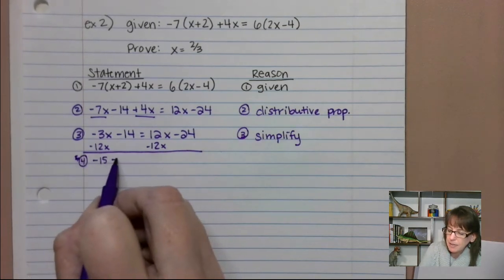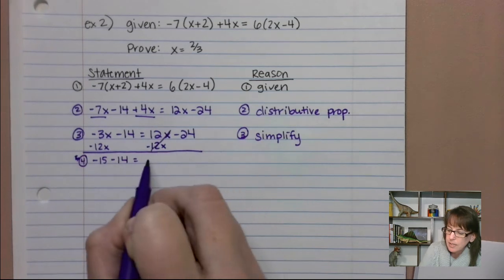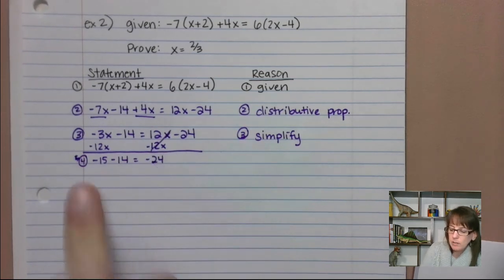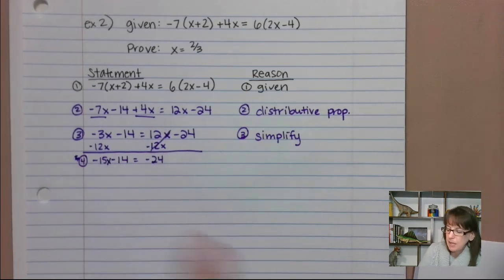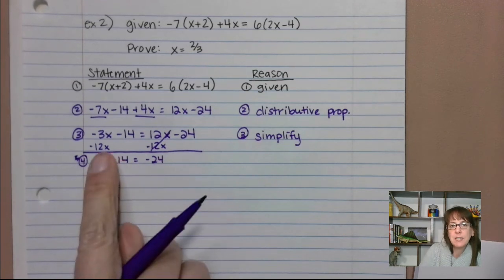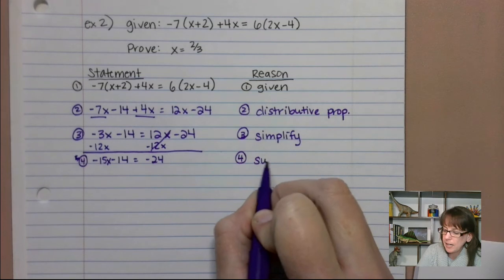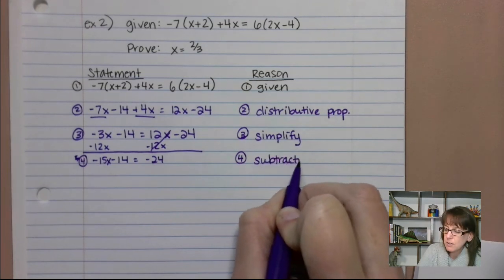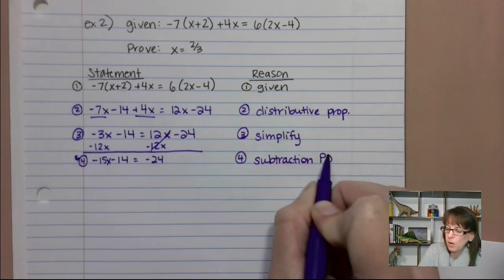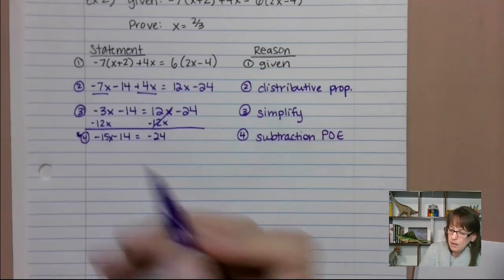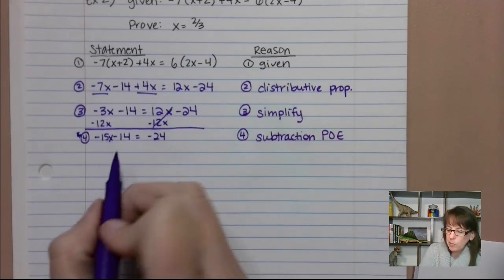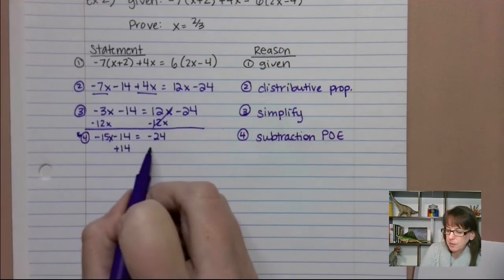Negative 15x minus 14 equals negative 24. And what, oh, I forgot my x. There we go. And what allowed us to get to this step is that we subtracted 12x from both sides. So that is the subtraction property of equality.